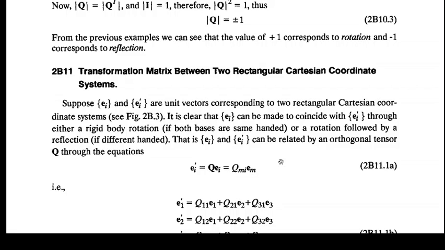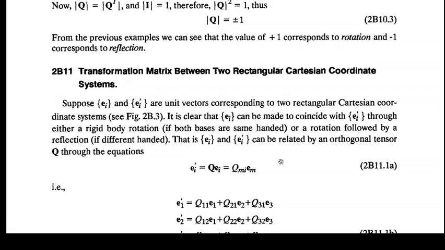Now, what does same-handed mean? Same-handed means both are right-handed or both are left-handed, and different means one is right-handed and the other is left-handed. Now, what do left-handed and right-handed mean? Right-handed means counterclockwise, with the x-axis along the horizontal and the y-axis vertical upward.